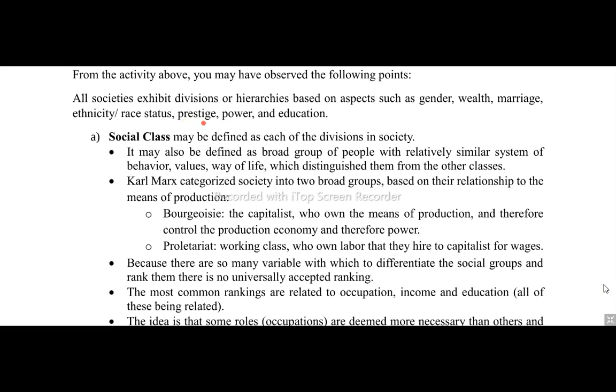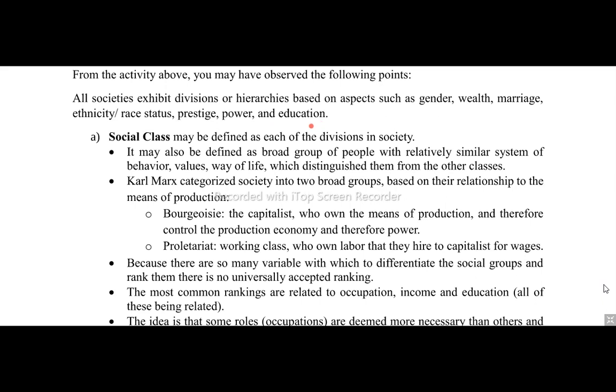So those who hold high positions will have more prestige, or those people who are rich, they have more prestige than those who are poor. Then power, depending on the positions, especially in politics or in workplace. In workplace, those who hold the higher position have more power.